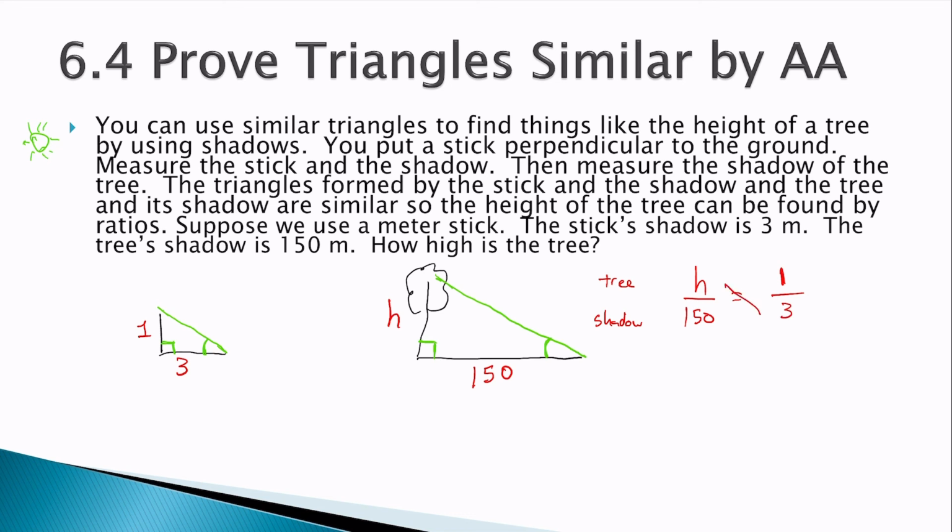So I could cross multiply. Divide by 3. And the height of the tree would be 50, and our units were meters.